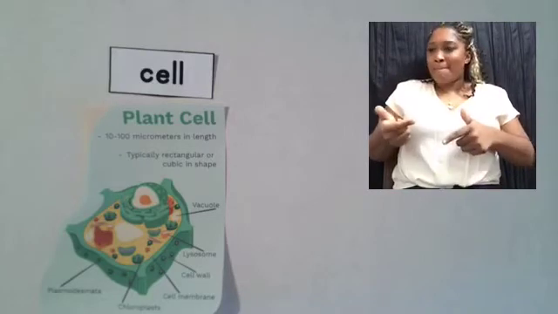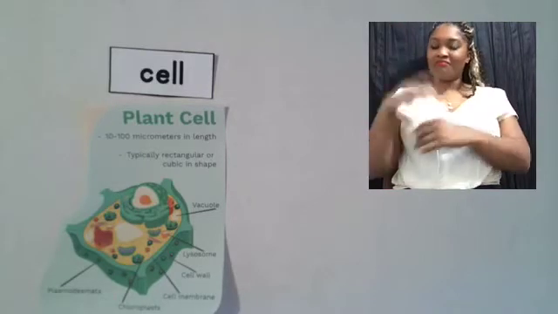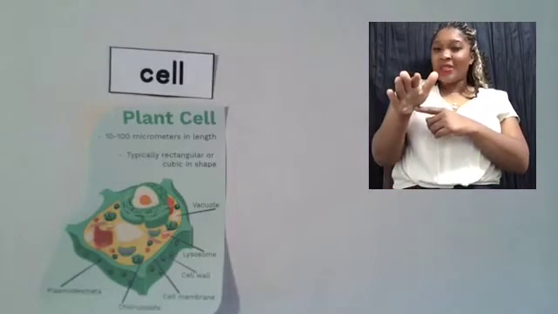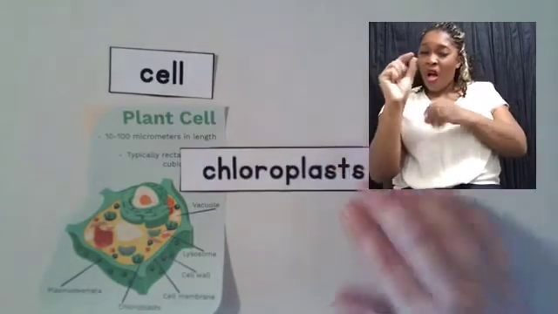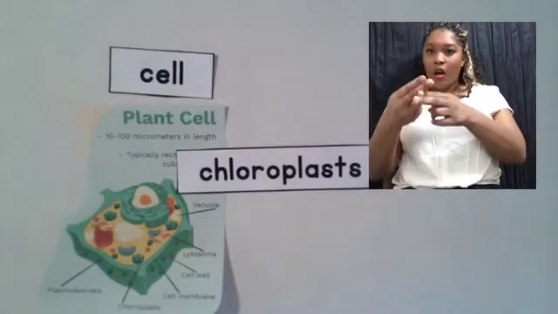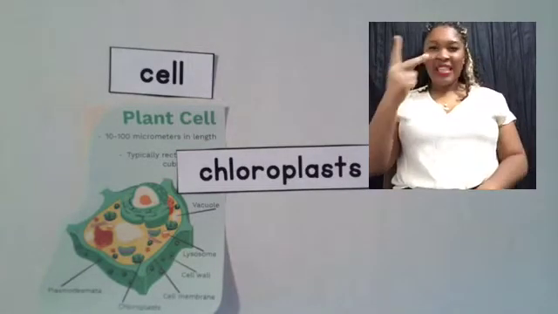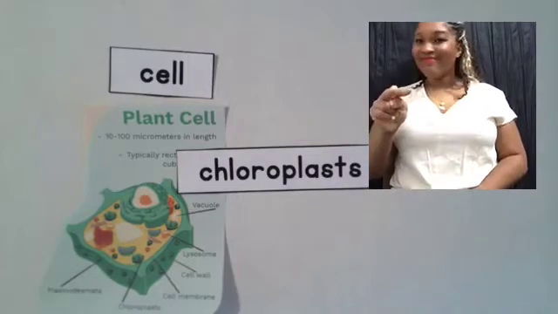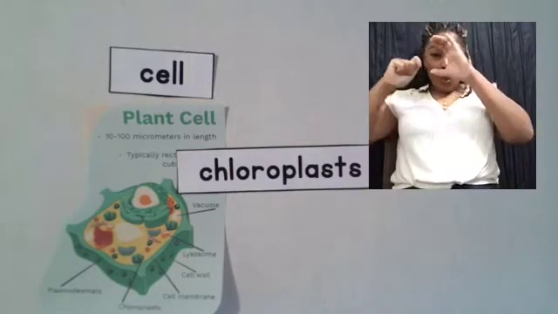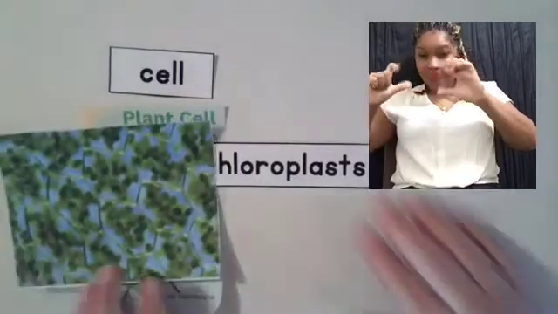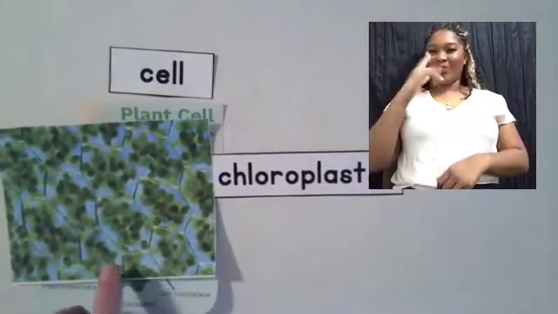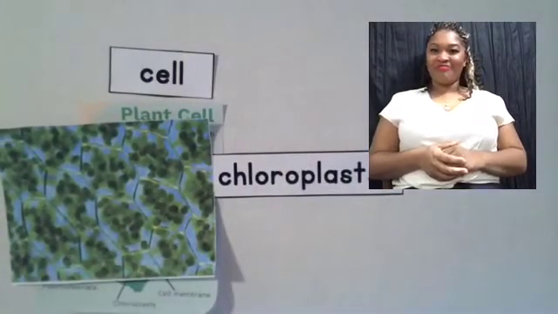The plant's green leaves are made of tiny cells called chloroplasts. We can't see these just by looking at them, but if we were to get a microscope and look at them closely, this is what we would see. These are chloroplasts.